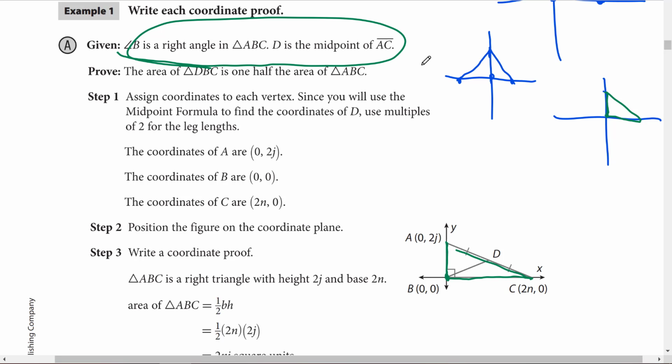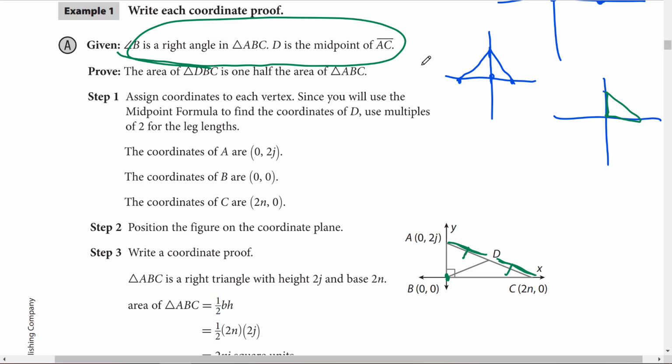When I connect them, the last point they told us was that D is the midpoint. And if you'll notice, there's these two little tick marks. That tells me that segment AD and segment DC have the same measurement. They're equal. So they've set that up for us.